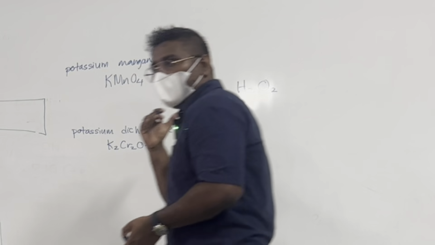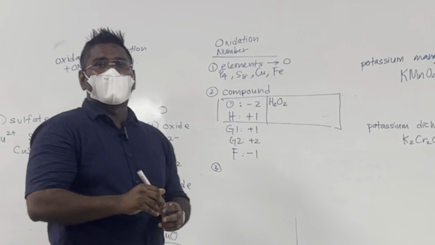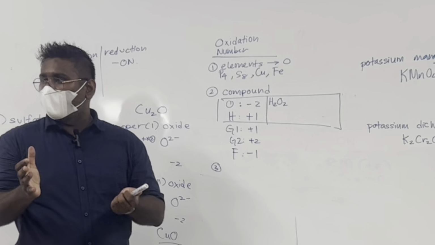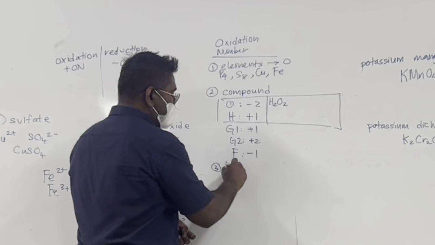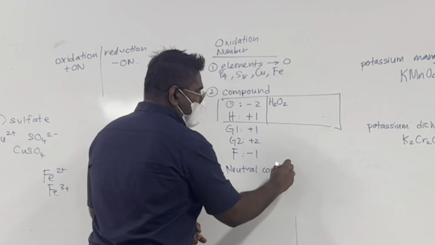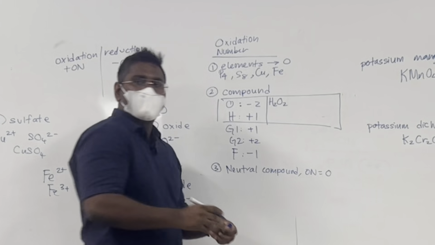In order to calculate that, you need to know the third rule. What is the third rule? If you have a compound and it is neutral, the overall oxidation number is going to be 0.